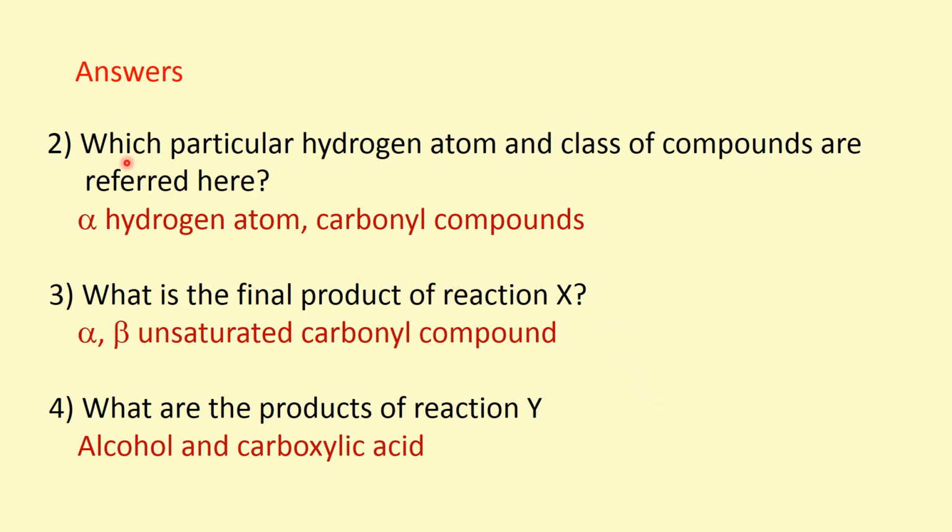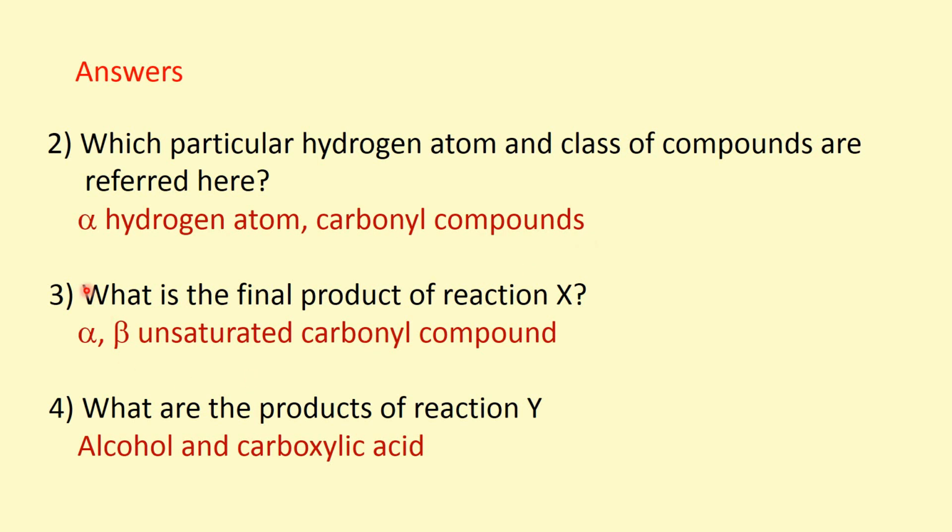Now coming to the answers of the other questions. Question number 2. Which particular hydrogen atom and class of compounds are referred to here? The particular hydrogen atom referred to here is the alpha hydrogen atom, and the class of compounds which respond to these reactions, that is aldol condensation and Cannizzaro reaction, is carbonyl compounds.